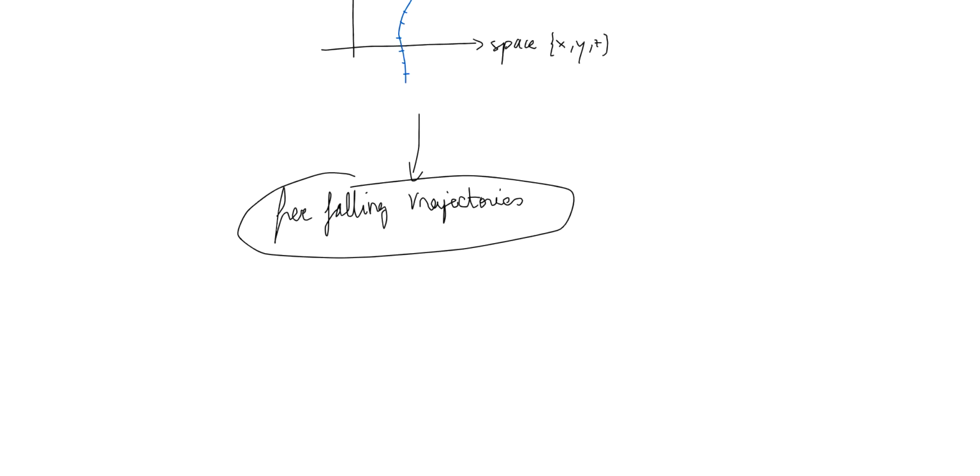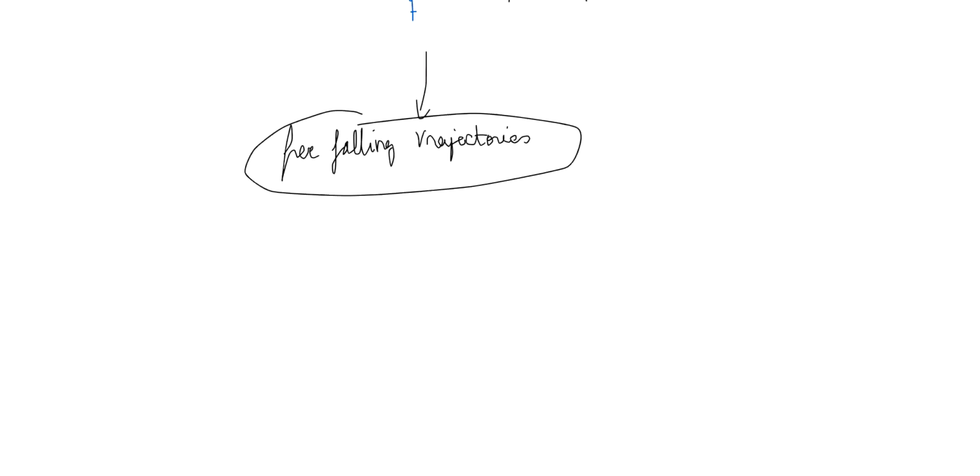So for example, the ISS around Earth is following a geodesic. It's constantly falling toward Earth, but never reaching it. So that's an orbit, and orbits are a type of free fall.